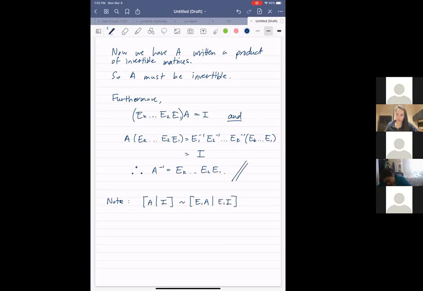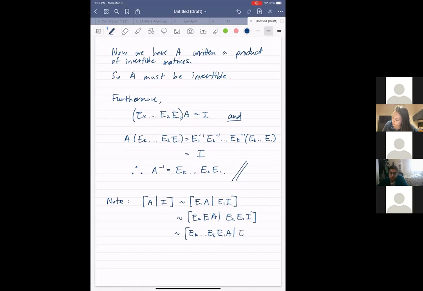Those things should be equivalent. And then you can apply another one, right? And then just keep going, until you've applied all of the row operations that will give you A being the identity.